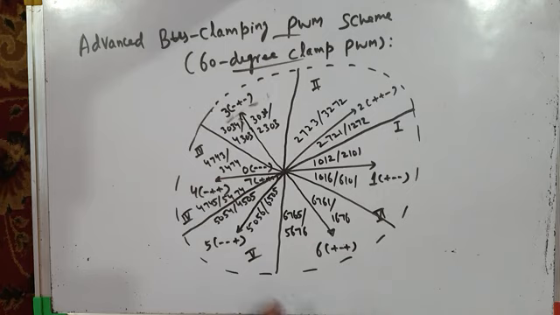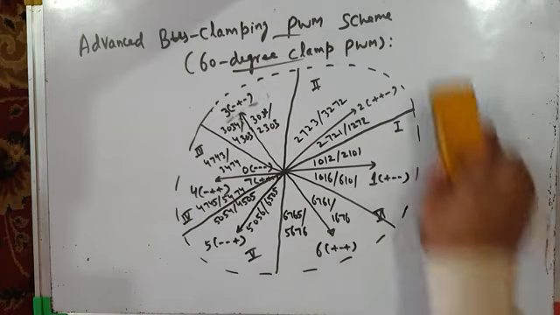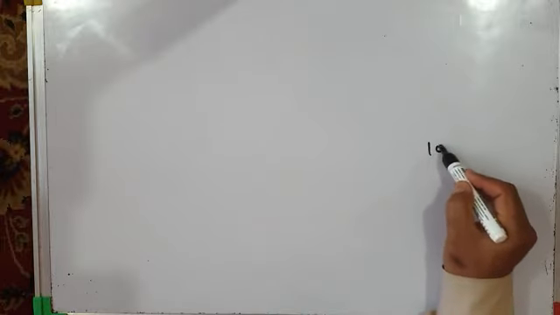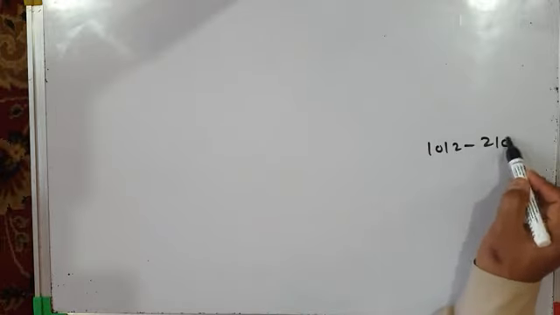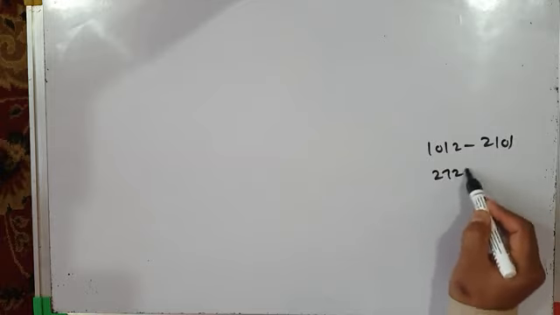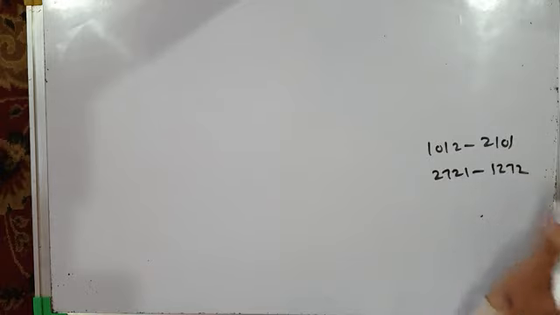You can have 30-degree clamp PWM, or split clamp PWM, continual clamp PWM. So this is one of the examples of advanced bus clamping PWM technique using new advanced bus clamping switching sequences like 1012, 2101 and 2721, 1272, which we had not discussed earlier.